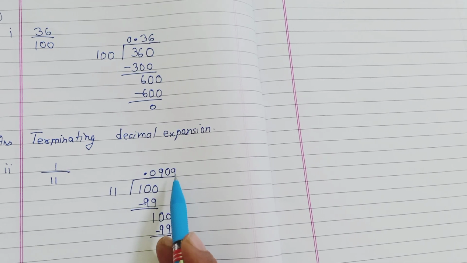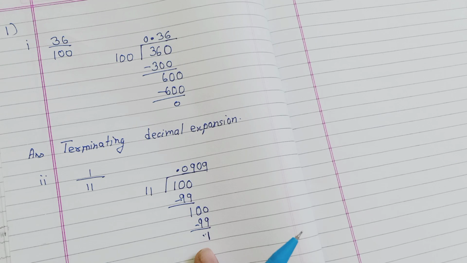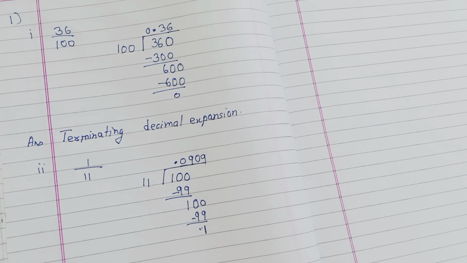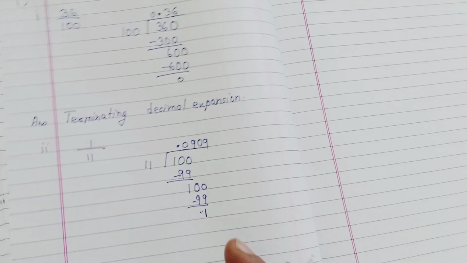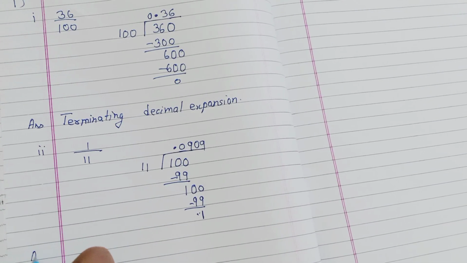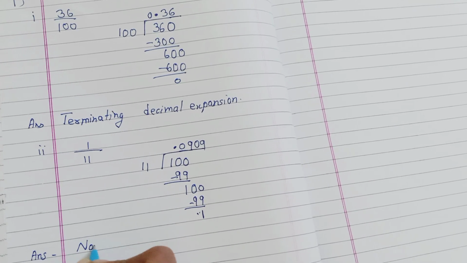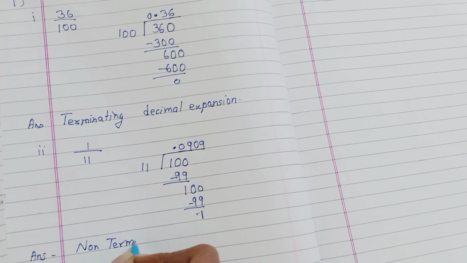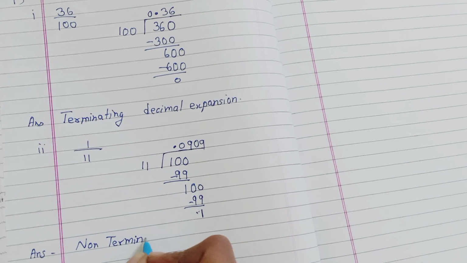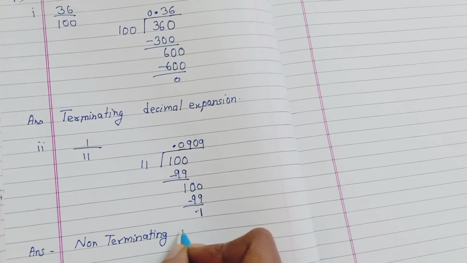In this condition, where your remainder is not 0, you term this specific decimal expansion as non-terminating. And as your quotient is repeating or reoccurring, you will write a non-terminating and repeating decimal expansion. You can use reoccurring also instead of repeating.